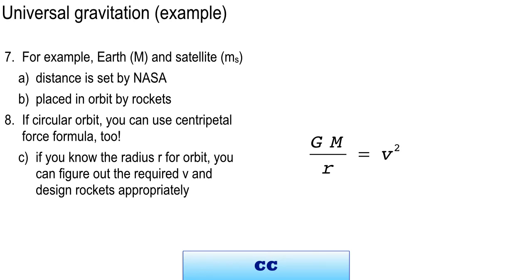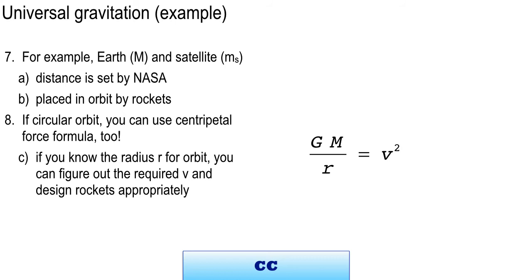Now, what that means is if you know the radius, you can figure out the speed you need. And that'll help you build the rockets of the right size. If you know the speed you need, you can figure out how high you have to park it. And that also determines the size of the rockets that you need.